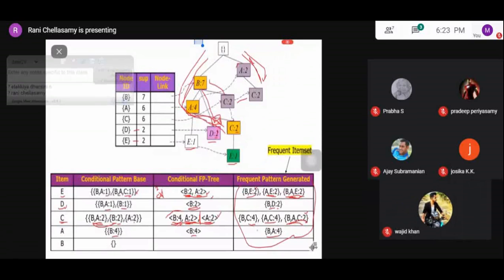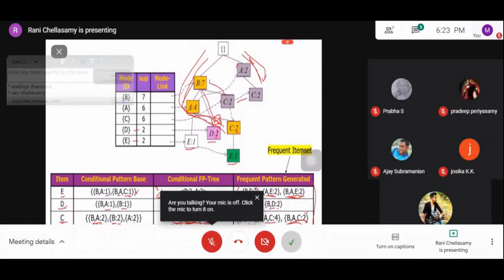Fine. And the last item is B. So for B, you are not having any items in between. So it is an empty set. Fine. So in this way, after constructing the FP tree, you need to build the table. This tabulation is called constructing the database, having the conditional pattern base, conditional FP tree, and frequent item set.